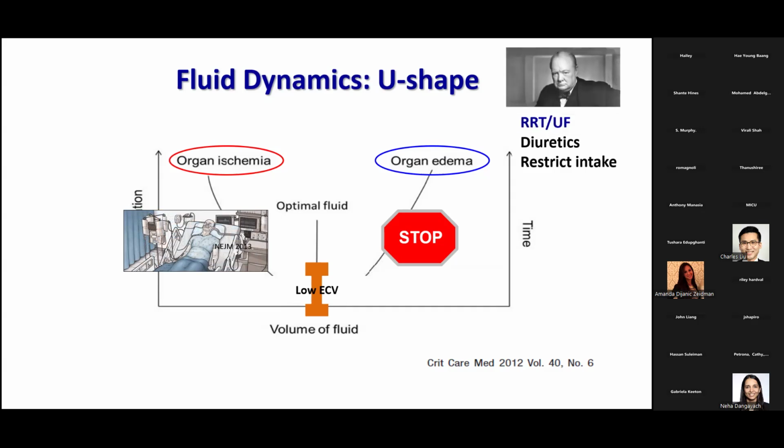I put the picture of Churchill here because when we talk about fluid management, we always need to reassess the patient, right? So really, this is an area of care that makes us humble and also forces us to interact and try to create adequate treatment plans for the patients.